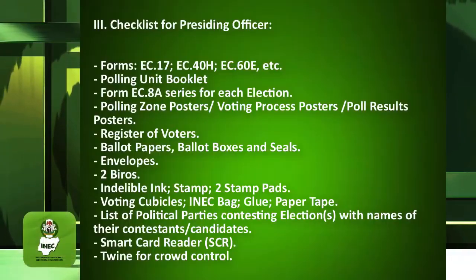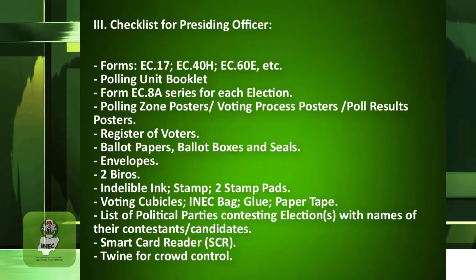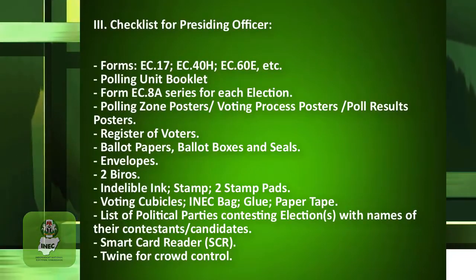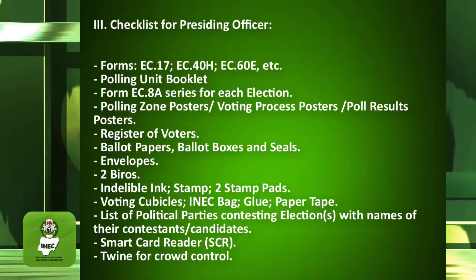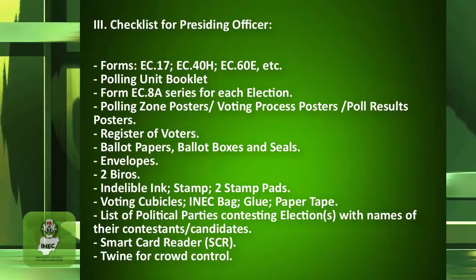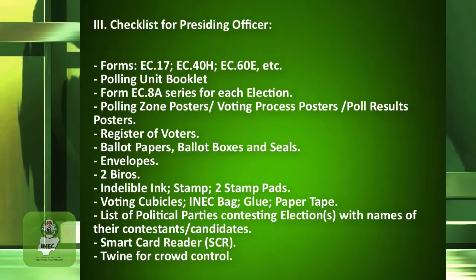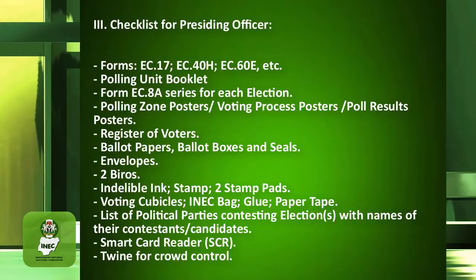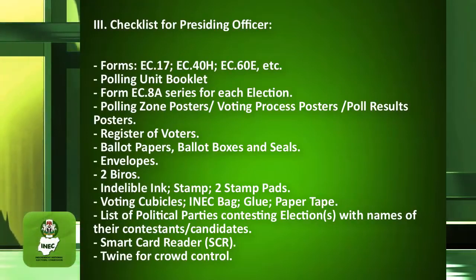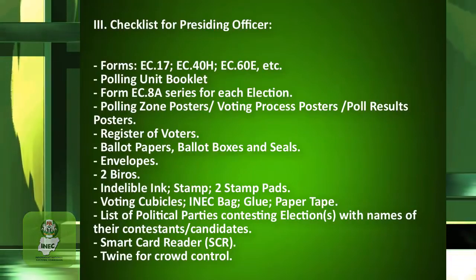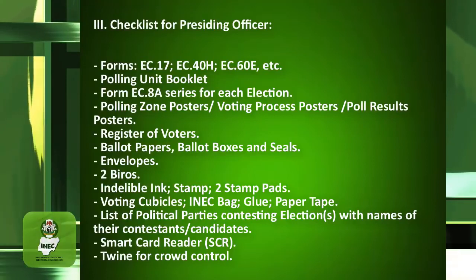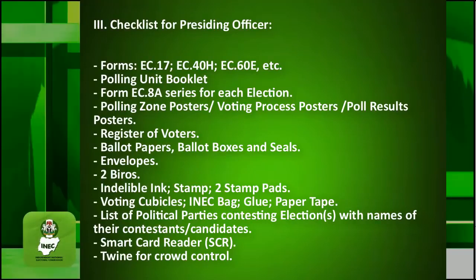3. Checklist for Presiding Officer. Forms EC 17, EC 40H, EC 60E, etc. Polling Unit Booklet. Form EC 8A series for each election. Polling zone posters, voting process posters, and poll results posters. Register of voters.